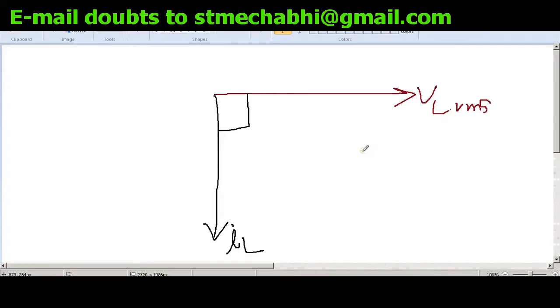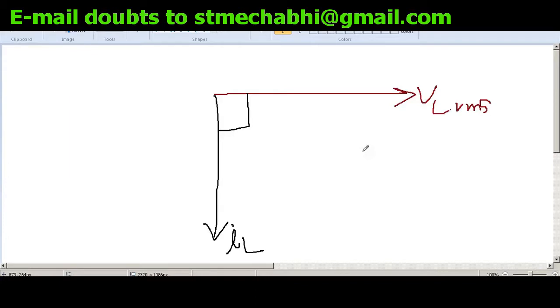Now if you consider the current through the resistor, the same voltage that is applied across the inductor is applied across the resistor also. So the current through the resistor and the voltage drop across it will make no phase angle difference.